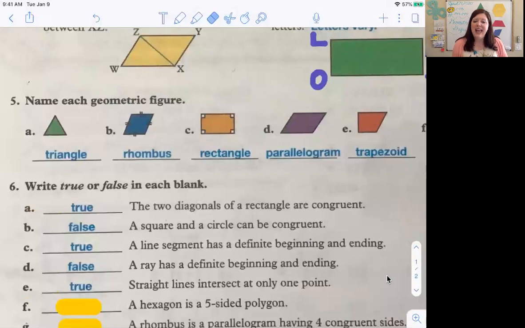Letter F, a hexagon is a 5-sided polygon. Well, I shared with you a memory hook for this one. When you hear the word hexagon, think about that letter X. What number is spelled with an X inside? 6, not 5. So that's a false statement.